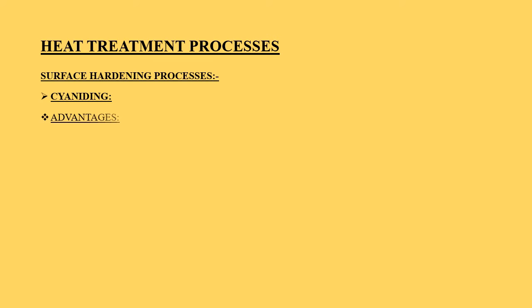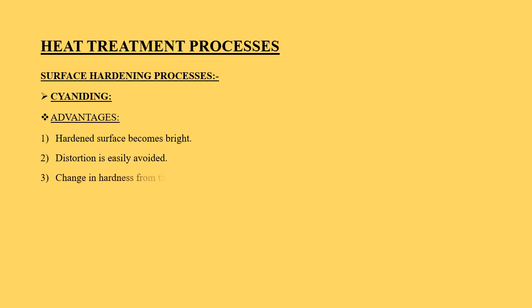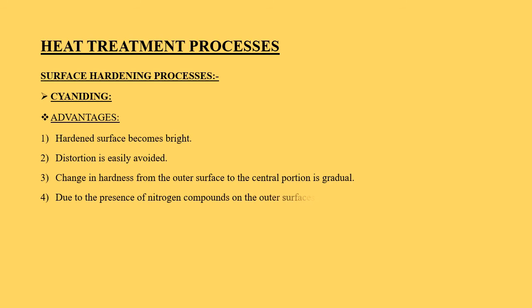The advantages of cyaniding are: the hardened surface becomes bright. Distortion can be easily avoided. The change in hardness from the outer surface to the central portion is gradual. Since there is a presence of nitrogen compound on the outer surface, the hardness produced is very high.